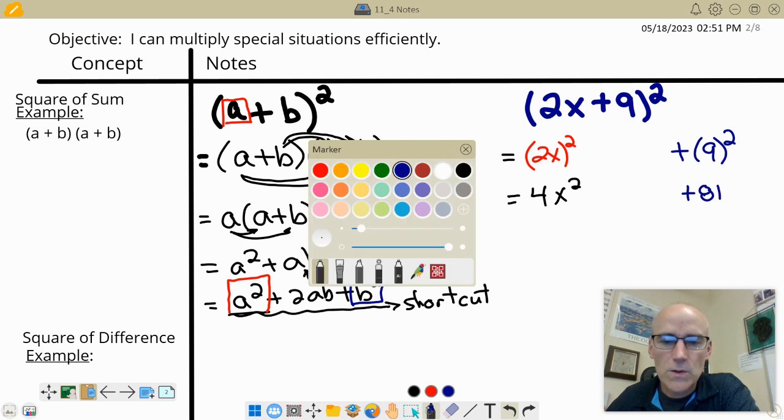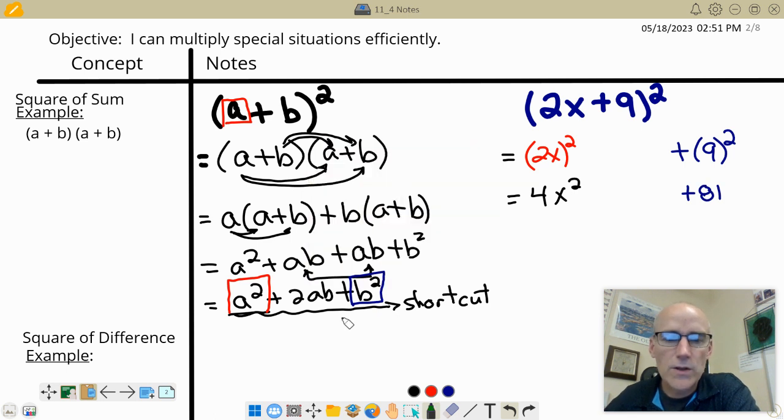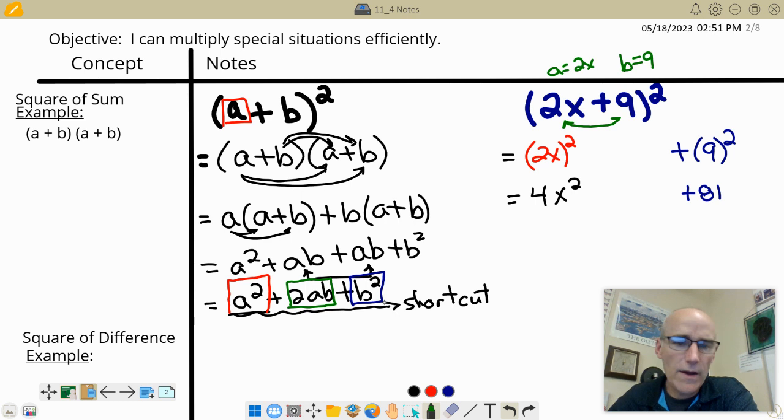Okay, so let's look at this middle term right here, this 2ab term. So that means that I multiply the a and the b together. So the 2x is like my a value. a is equal to 2x. The b is equal to 9. And I'm trying to use that little formula that we just discovered right down here.